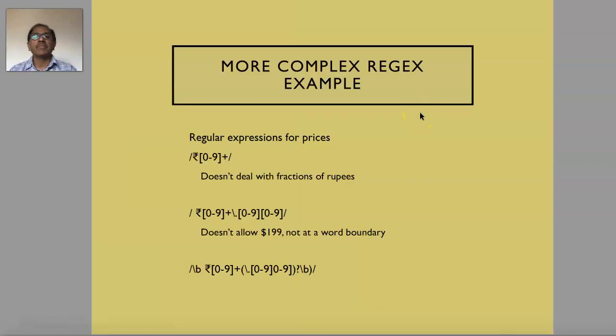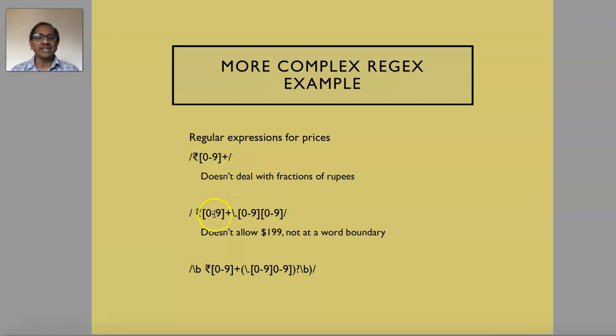Let's take a look at a more complex regex example. For example, if you want to find out regular expression for prices, rupees 0 to 9 plus, that means it can be 0 rupees, 1 to 99 rupees, or more than that too, because it's a clean plus. But this deals with rupees but not paise, fraction of rupees, right?